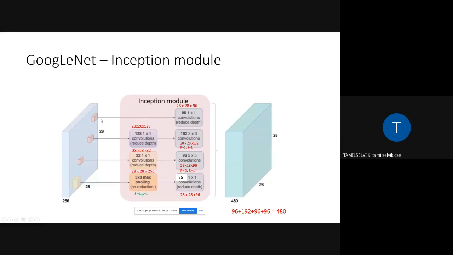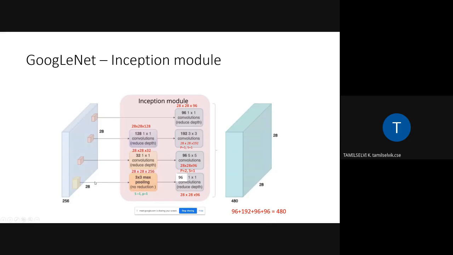See here, this is the inception module. I will give you an example. Instead of doing the direct convolution, first I am going to reduce the depth. So I am going to have 128 filters, in which I perform 1x1 convolution. My original volume is 28 cross 28 into 256.